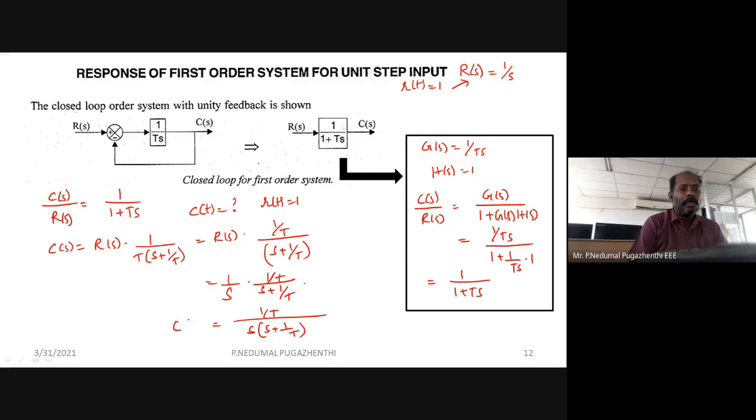Any doubts so far in this derivation? It's a very simple derivation. So C of S is equal to 1 by t divided by S into S plus 1 by t.